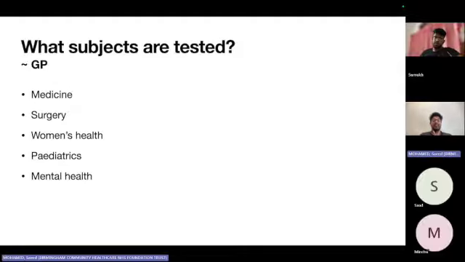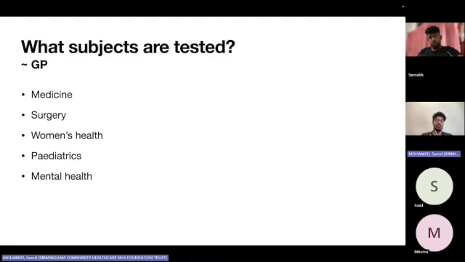Okay. Now, what subjects are tested? This is basically an exam at the level of a GP. So most of the subjects that we study in final year are usually tested, for example medicine, surgery, women's health, pediatrics, and mental health.